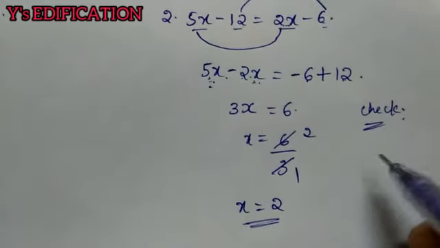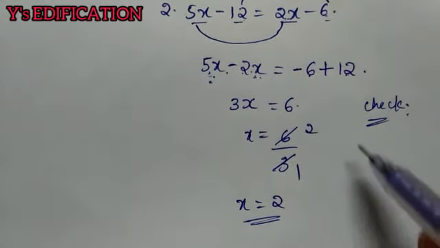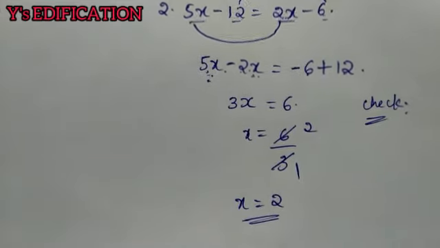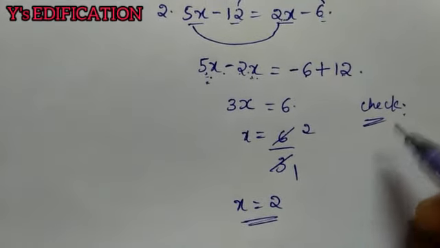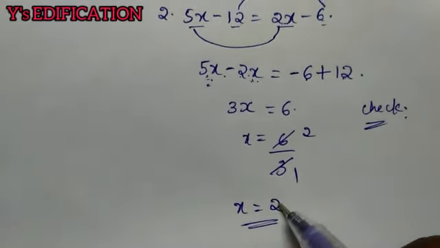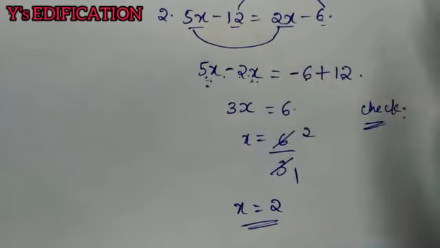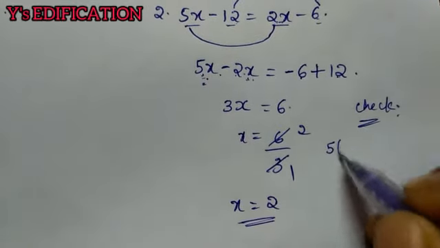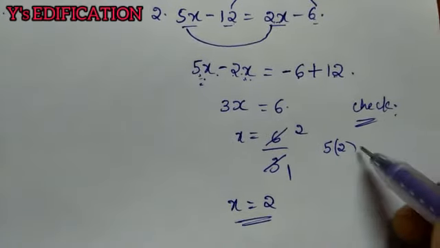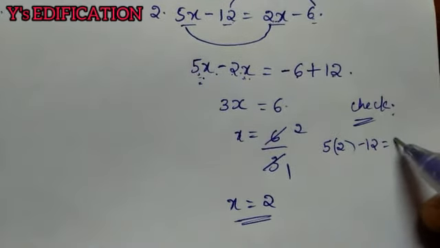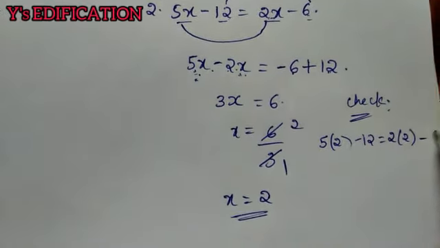Okay, we can do a check also for this, whether the answer is correct or not. I'm going to tell you how to do the check for this problem. In the following problems you have to do it on your own. So let us substitute this x value in the given equation. 5 into 2 minus 12 is equal to 2 into 2 minus 6.